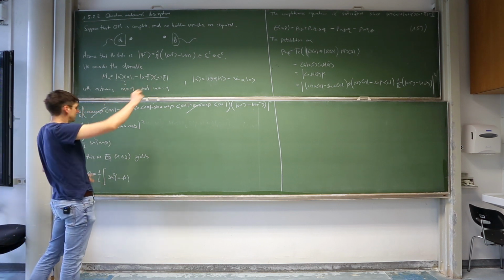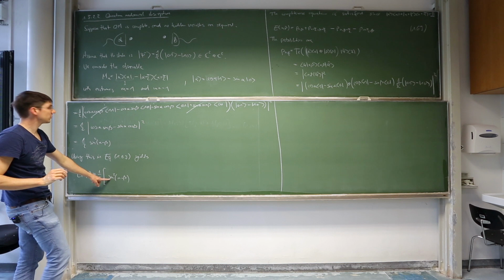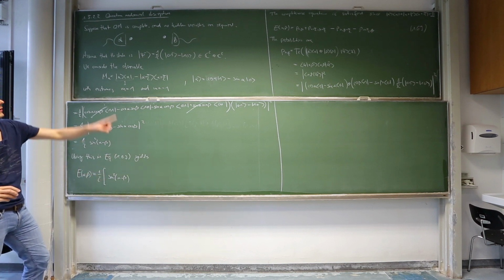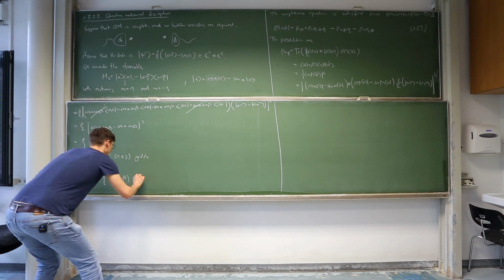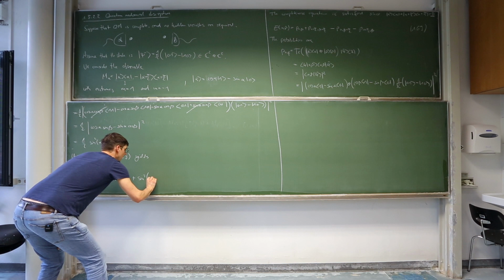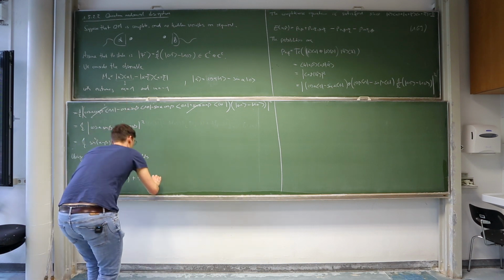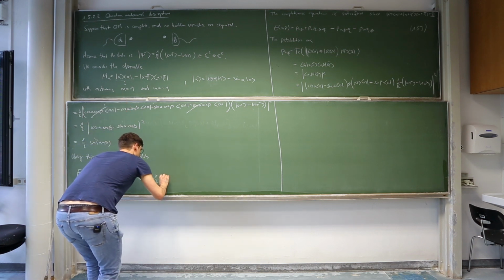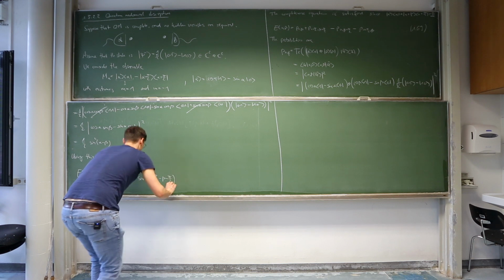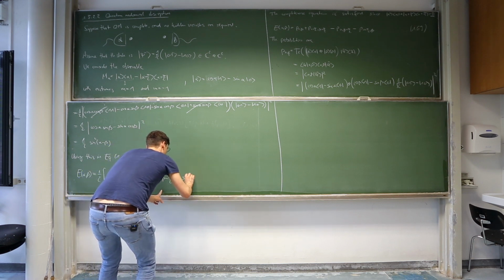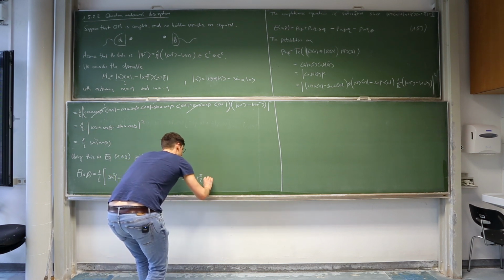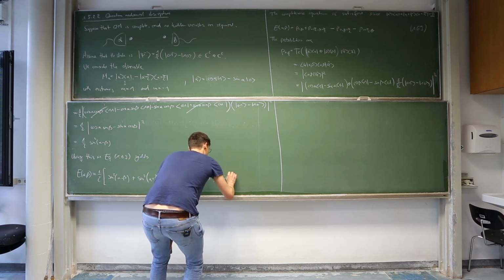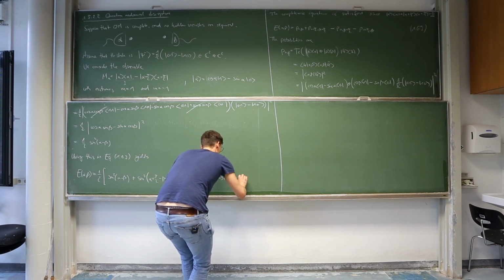Now we can use this equation, plug it in here. So the first term gives 1/2 sinus squared alpha minus beta. The second term gives 1/2 sinus squared of alpha minus alpha plus pi/2 minus beta minus pi/2. And then we have minus sinus squared of alpha plus pi/2 minus beta minus sinus squared of alpha minus beta minus pi/2.